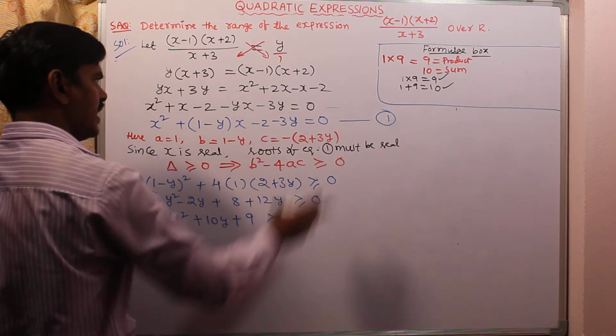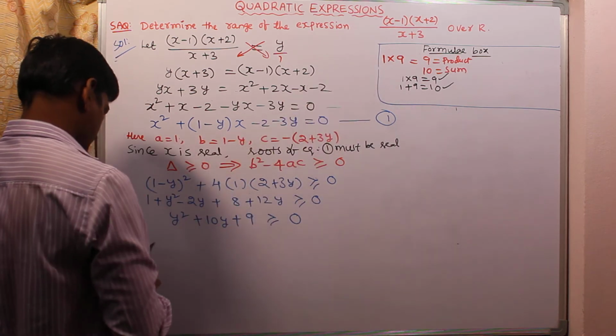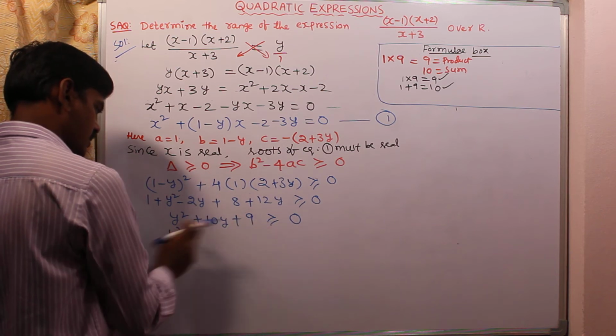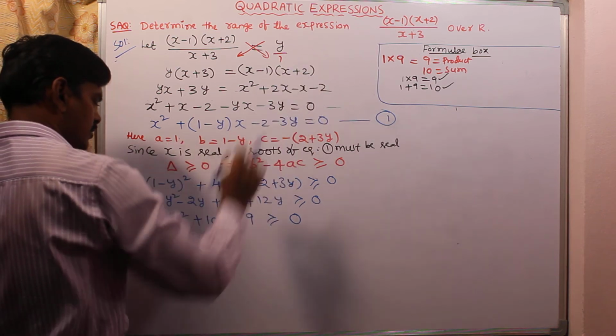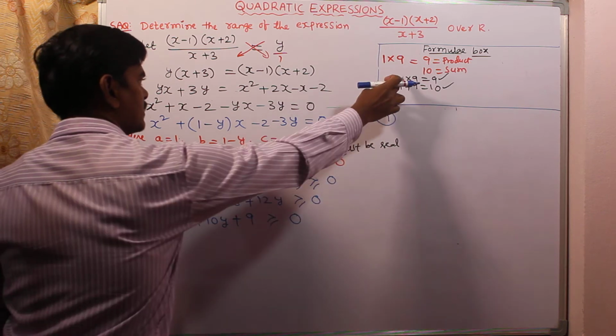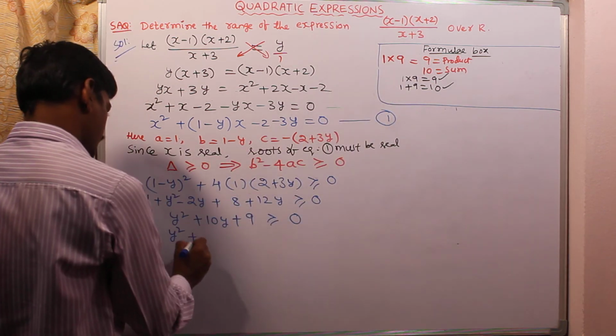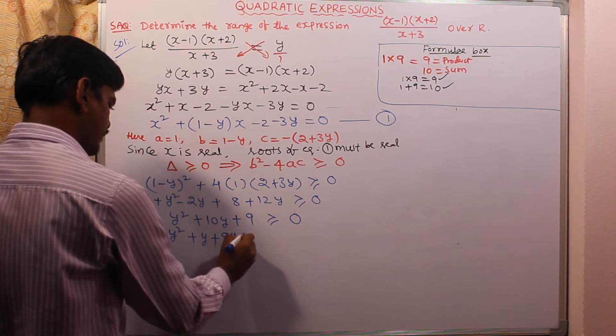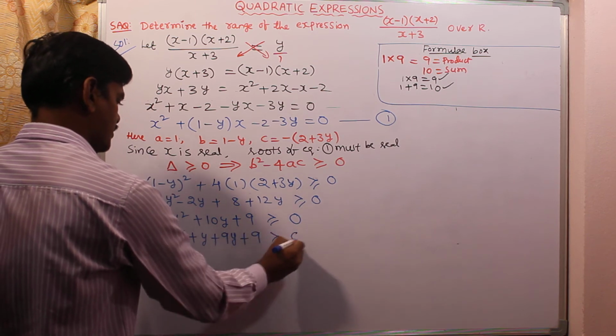So now apply these numbers here. So what do you get? y square as it is, first term and last term as it is. The middle term you have to express in terms of factors. It is nothing but 1 and 9. So y square plus 1y plus 9y plus 9 is greater than or equal to 0.